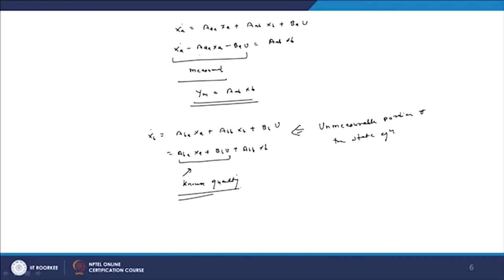So, now we have written the equations for the measurable state as well as the unmeasurable state. Now, we have to compare the full order observer state equations with the reduced order observer, or we can say the minimum order observer state equations. So, we know that the full order observer equation can be written as x dot equal to Ax plus Bu. Here this x is the state which we can directly estimate, so all things we know.